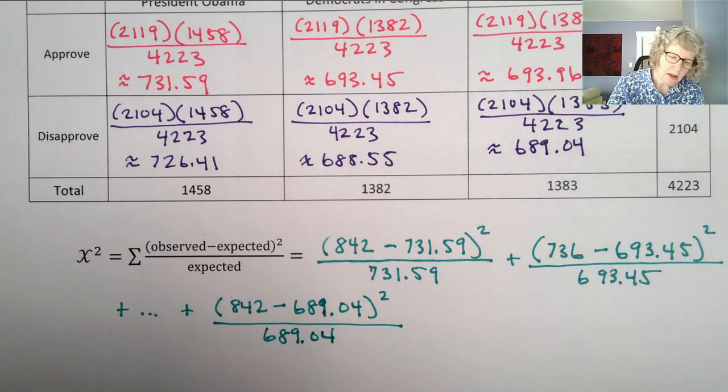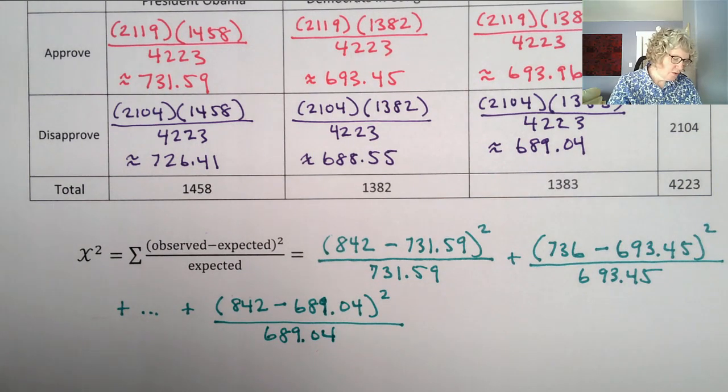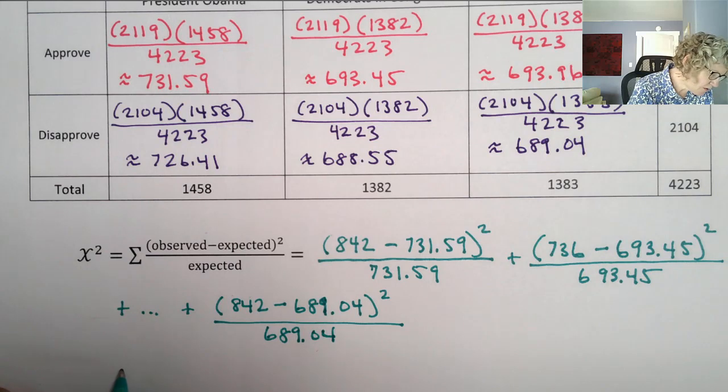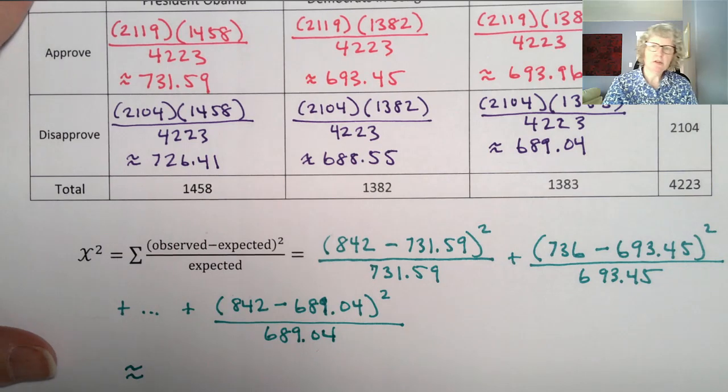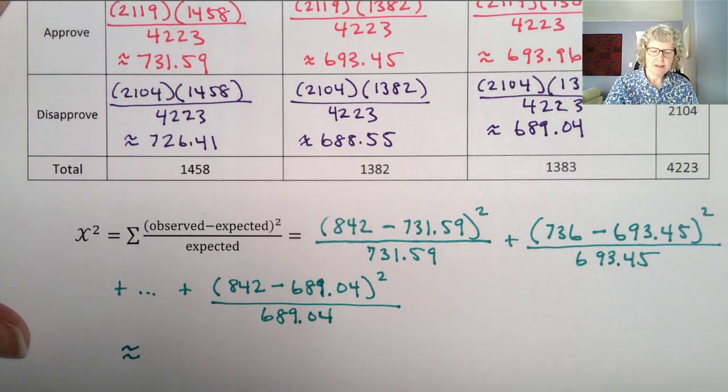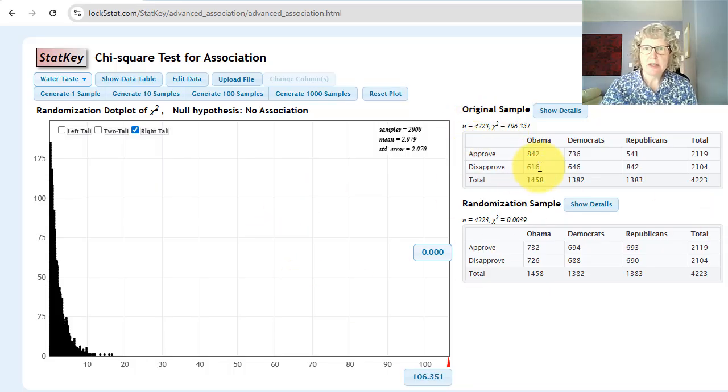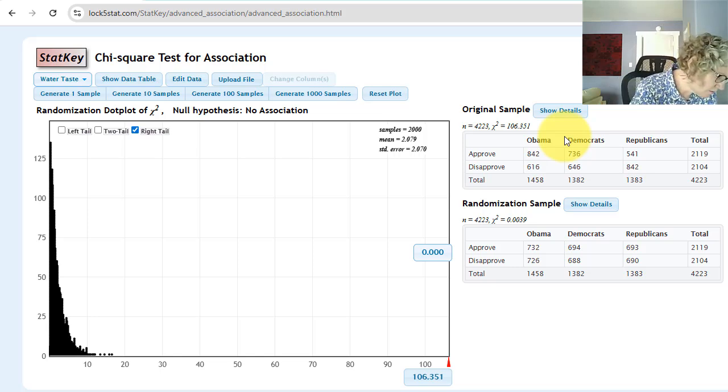Okay. Now, these are going to magically add up to, you can do an equals or approximately equal, our chi-squared statistic. Okay. And in our simulation, even before we do the simulation, once we put in the data, it actually calculates this all for us. That's where we got the 106.351. So I'm going to write that down.